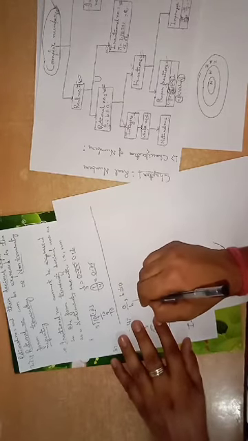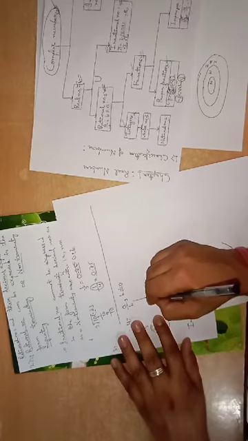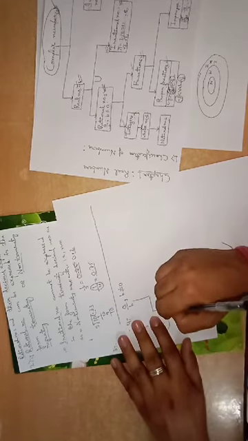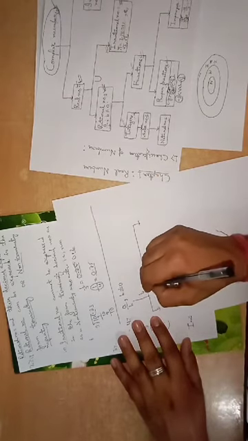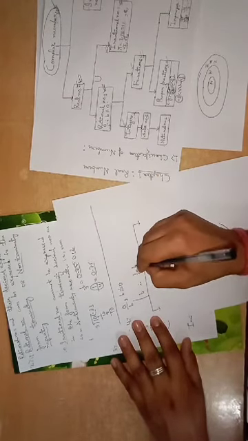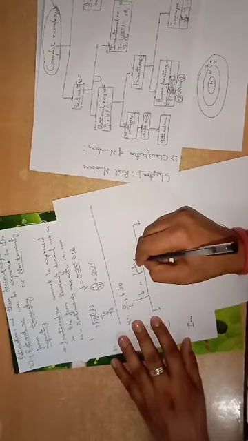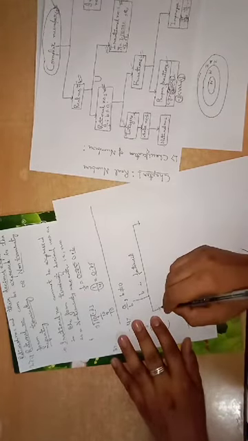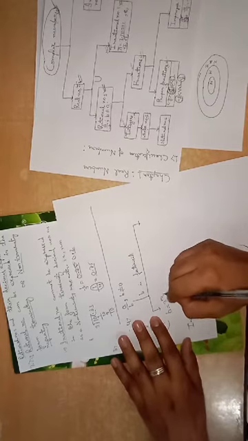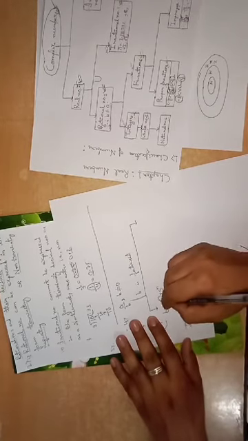If the denominator b is factorized and b is expressed in the form 2 to the power m into 5 to the power n, where m and n are whole numbers, then we can say that it is a terminating decimal.